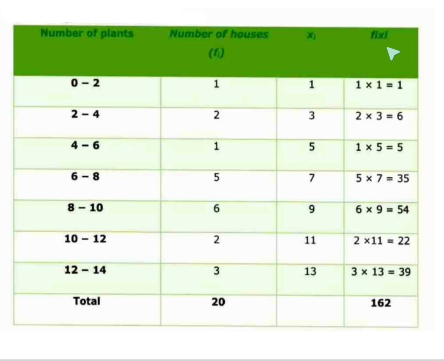The sum of all these fi xi values, 1 plus 6 plus 5 plus 35 plus 54 plus 22 plus 39, is equal to 162. The total frequency, that means the total number of houses, is 20. We divide this value by 20 to get the average for one house.